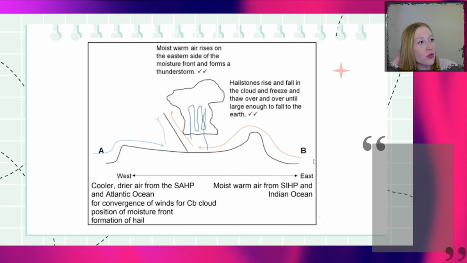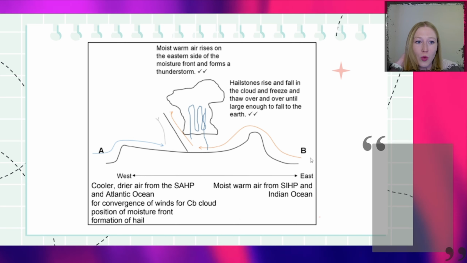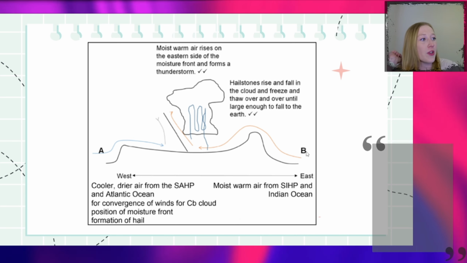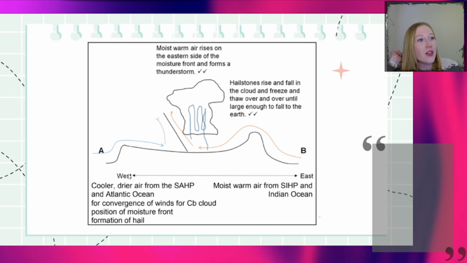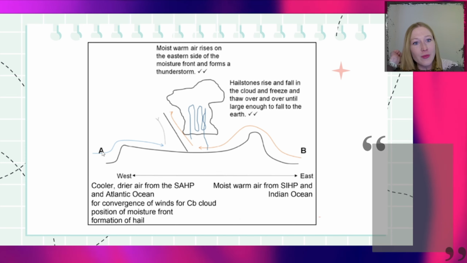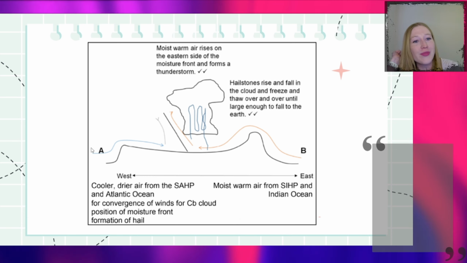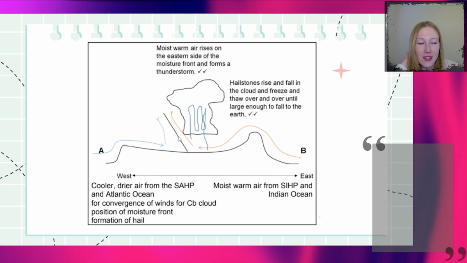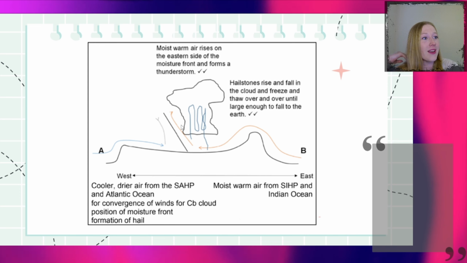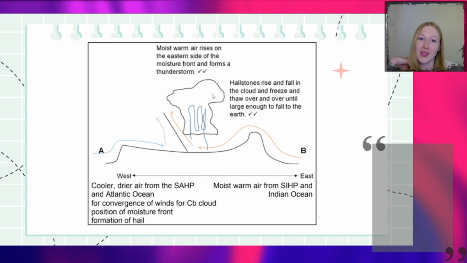So we had to draw, again, the warm, moist air coming from the South Indian high pressure blowing over there, and the cool, dry air from the South Atlantic high pressure blowing in there. Where they meet, we have a moisture front, the warm air rising, and it forms the thunderstorms.